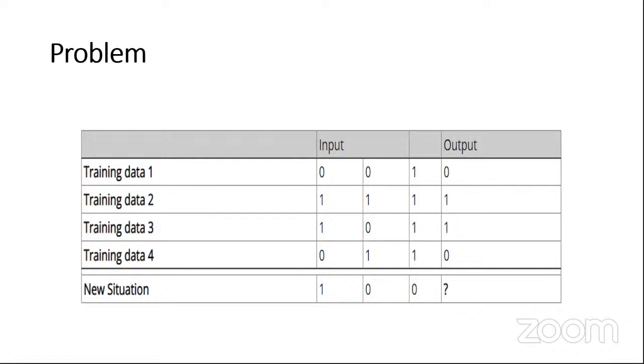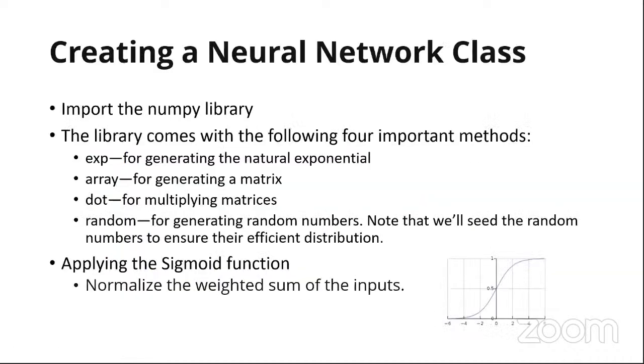If the input is 0, 0, it should give the output as 0. Hope you understand. In this way, we have to train that particular system. Testing means we give a new situation like 1, 0, 0, and we have to find the corresponding output.